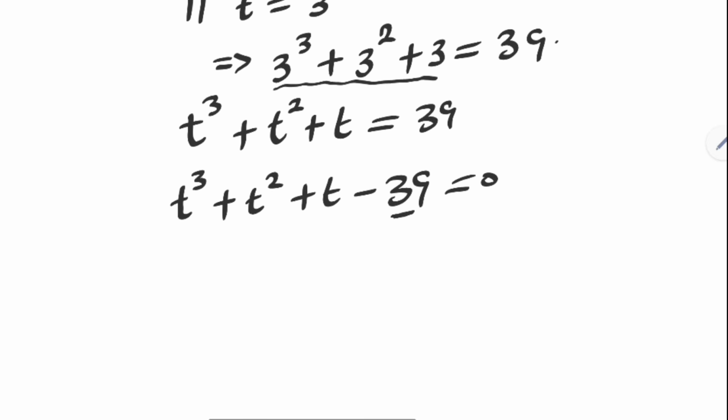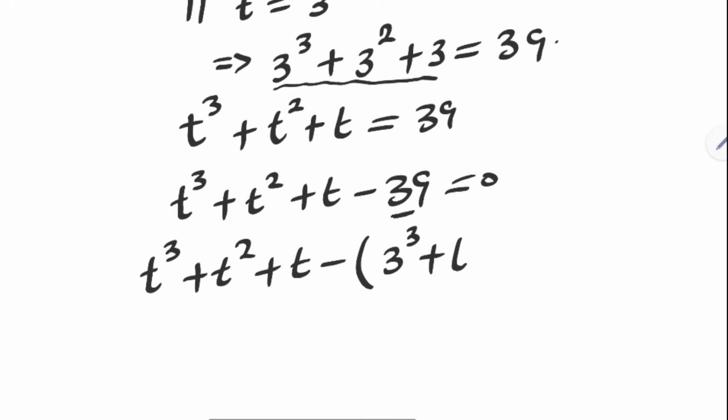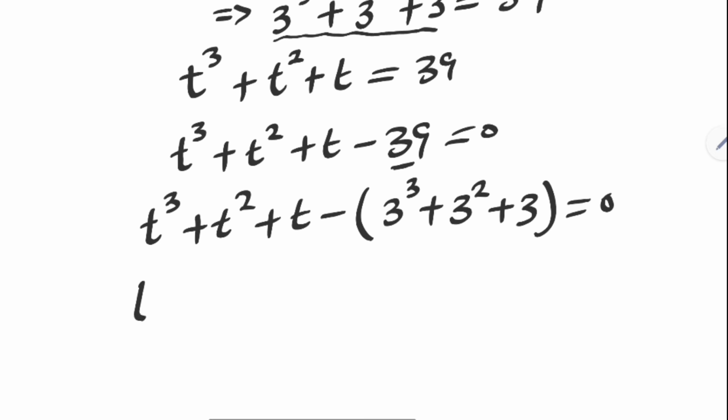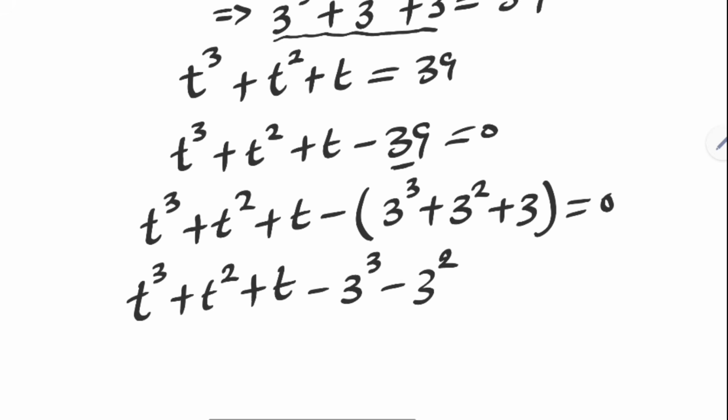Now we have t raised to power 3 plus t square plus t minus 3 raised to power 3 plus 3 square plus 3 is equal to 0. Let's open the bracket with this negative. We have minus 3 raised to power 3 minus 3 square minus 3 is equal to 0.